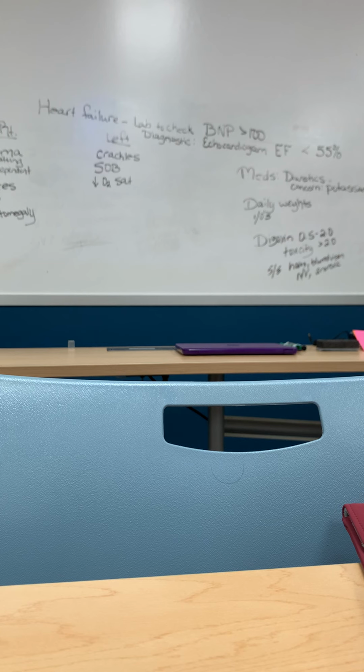If your patient is taking this one and this one at the same time, how do patients end up with digoxin toxicity sometimes? Low potassium. So if they're taking both, you really want to keep a close eye on that potassium level. Signs and symptoms, labs, meds, side effects of meds.